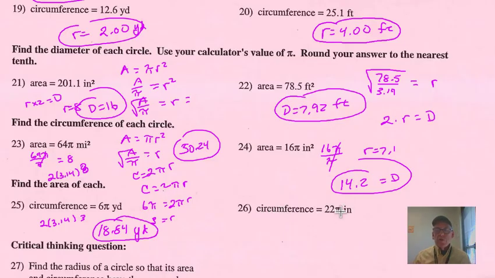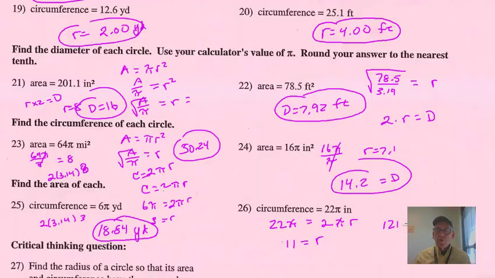Same thing for number 26. We are going to find the radius. So 22 pi equals the circumference, which is 2 times pi times r. We're going to divide the 2 pi out of both sides. That gives 11 is equal to r. And the area is going to be pi r squared.